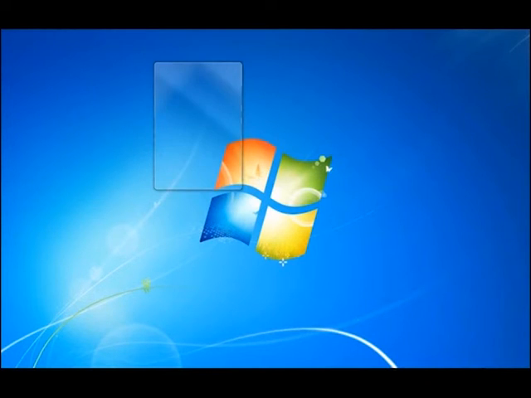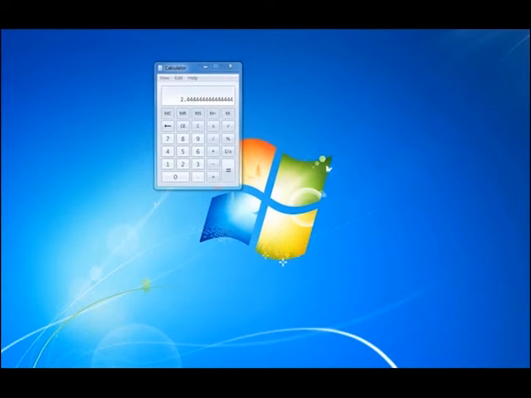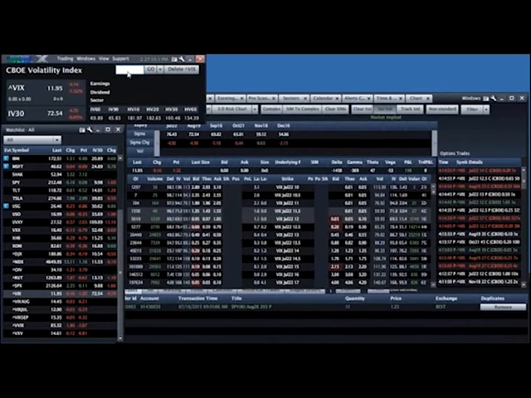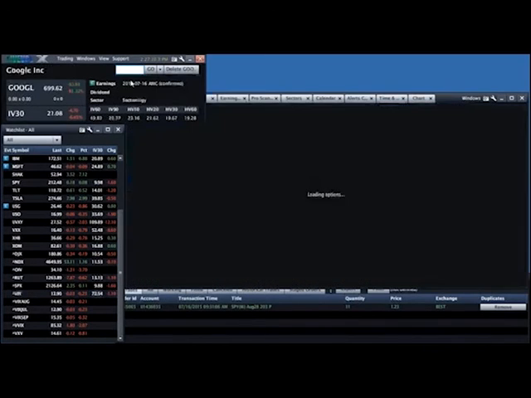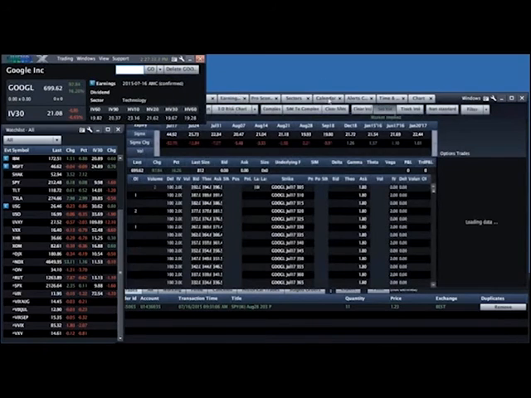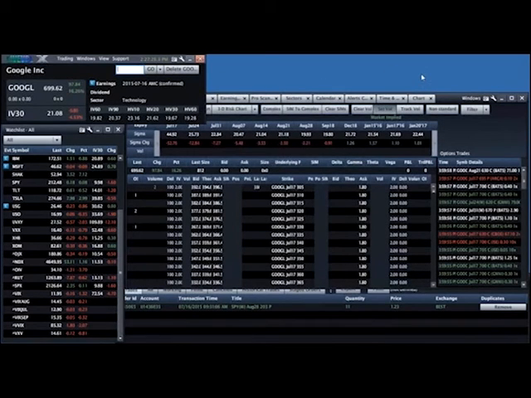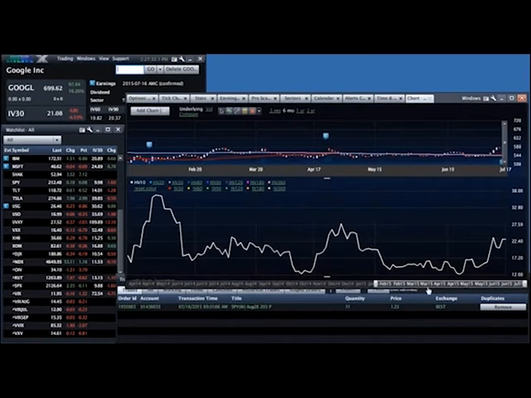Let me show you kind of what I mean by that. I'm going to switch screens here. All right, so let's look at what Google was actually pricing in. We all saw what Google did yesterday, right? Crazy move.